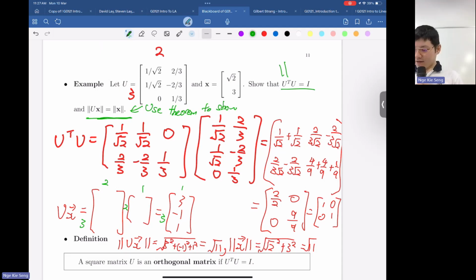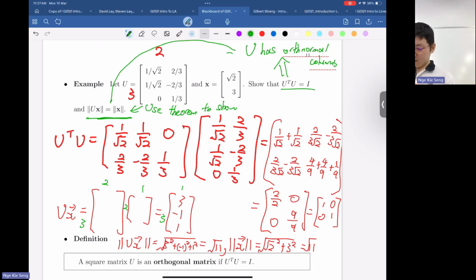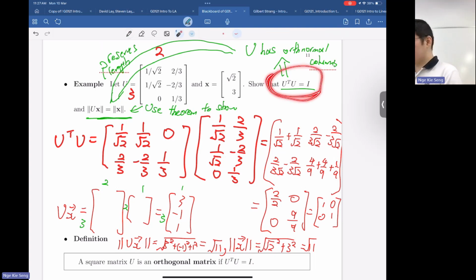This shows that UTU equals identity, so U has not just orthogonal, but orthonormal columns. A matrix with orthonormal columns will preserve length. You don't need to compute. Just use the theorem. This shows you how nice it is if you have a matrix transpose times a matrix equals identity.